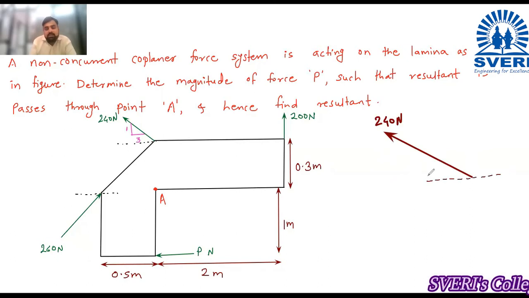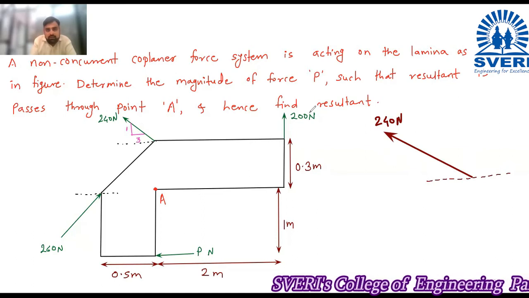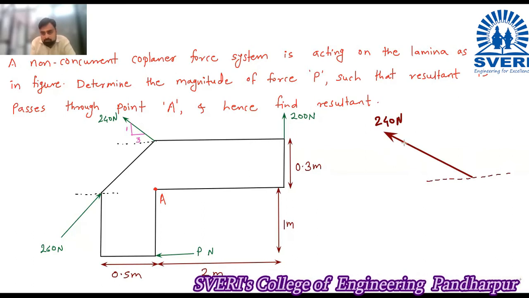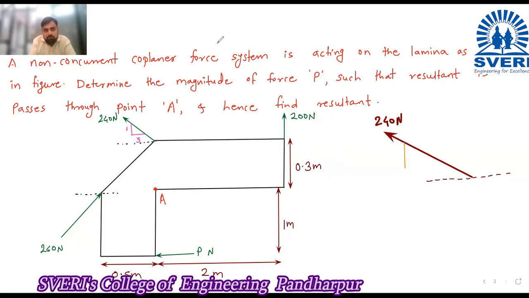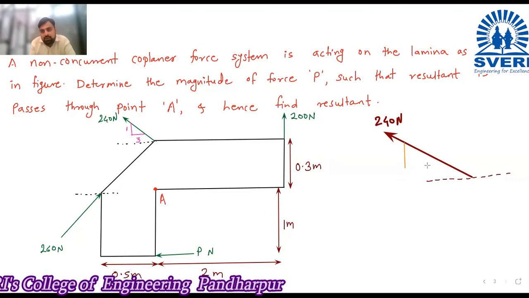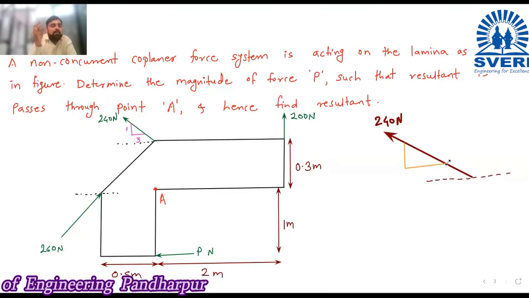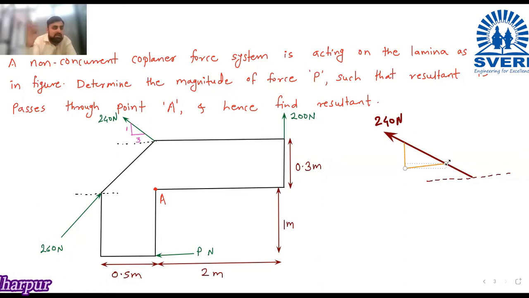Now to calculate this angle, what they have given us is that this slope is 1 vertical and 3 horizontal. So it may be 1 unit and 3 units. The unit may be anything, mm, meter, centimeter, kilometer, decimeter, whatever units are there to measure the length. Any unit you can consider, but you should consider the same unit for both.